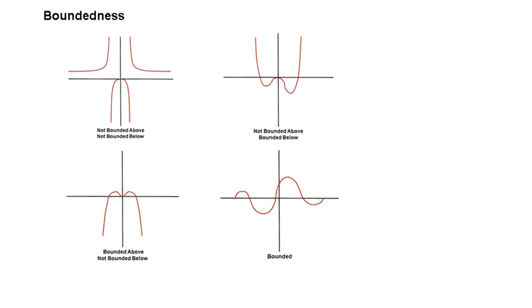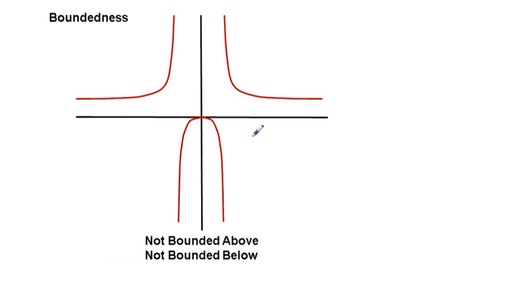Next, we're going to talk about the concept of boundedness. And these are four sketches of the functions we're going to consider. The first one is one where we don't have a boundary below or a boundary above. For example, this function comes from negative infinity in the range, and at the top doesn't have an upper bound, so there's no number we can give that's an absolute boundary.